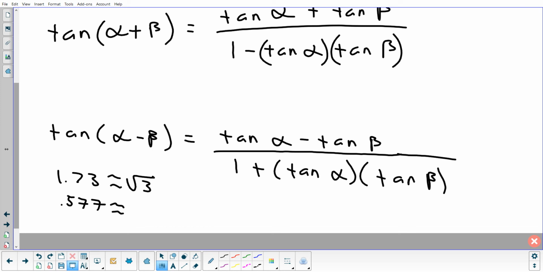That's root 3 over 3. Because with tangent, you're dividing different sides of the triangle, you're dealing with opposite and adjacent, you can get some slightly different fractions. You're not going to get root 3 over 2s. You're not going to get root 2 over 2s when you do tangents. They just don't come up. But these do.